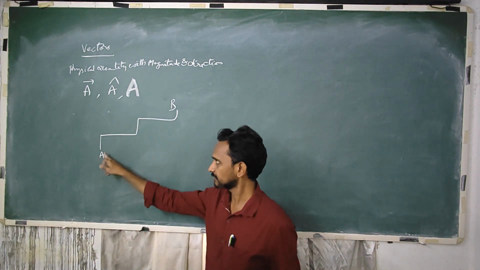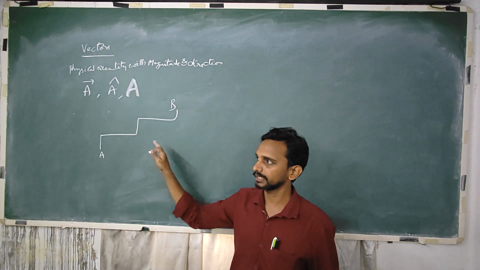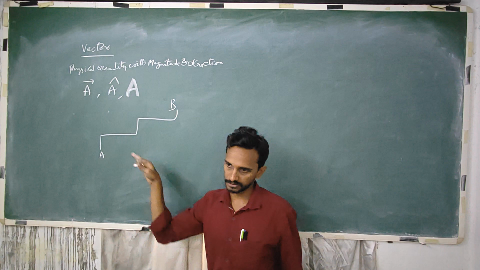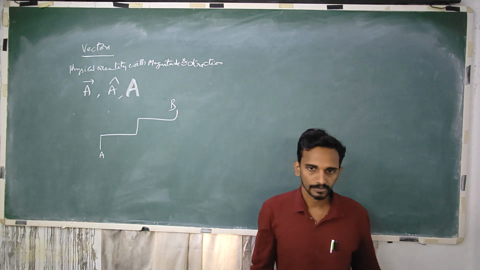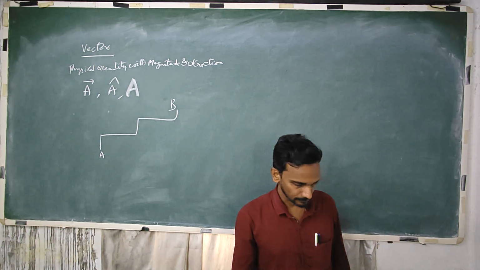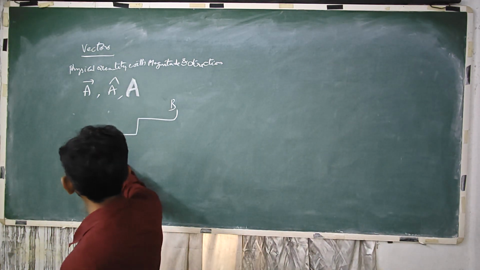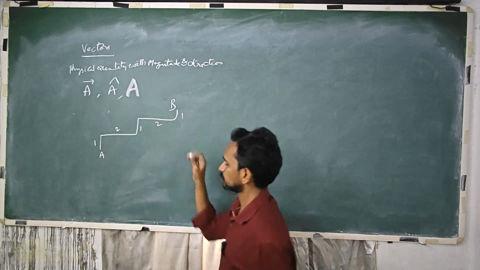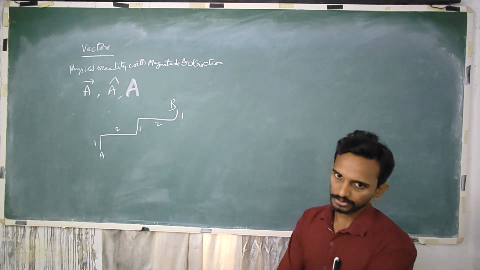Somebody has to travel upwards and then right, again left, again right, again left, to reach from point A to point B. So then the distance is, let's say this is 1 unit, 2 units, 1 unit, 2 units, and 1 unit. So the total distance is 7 units.